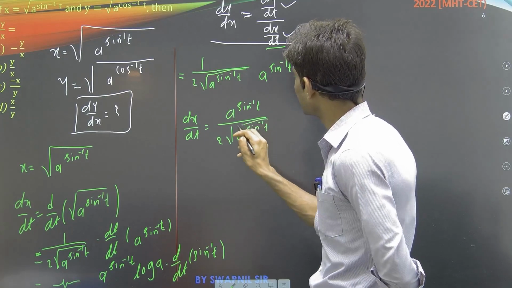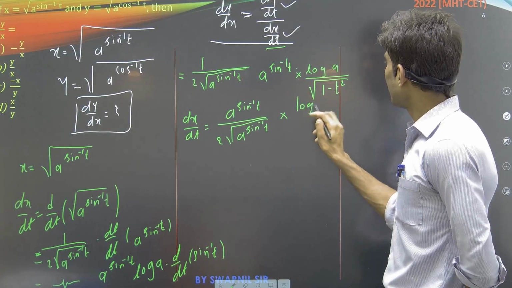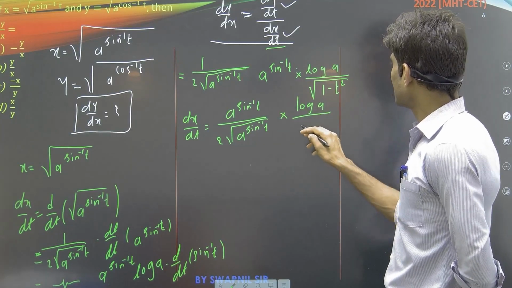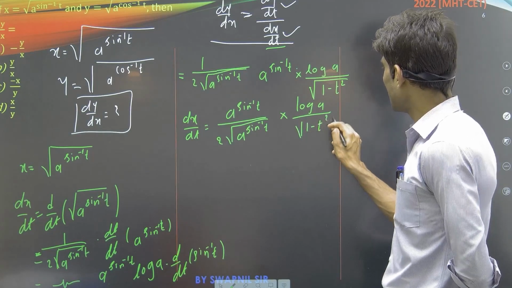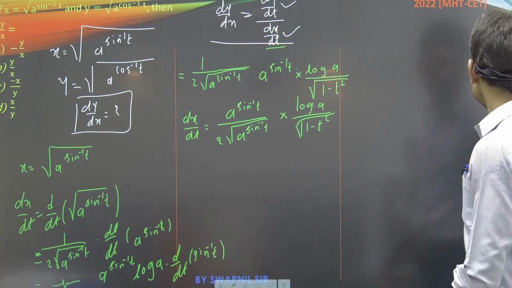This one is the complete bracket, multiplied by log of a divided by square root of 1 minus t square. Keep it as it is. Similarly, find the value for dy by dt as I have done for dx by dt.